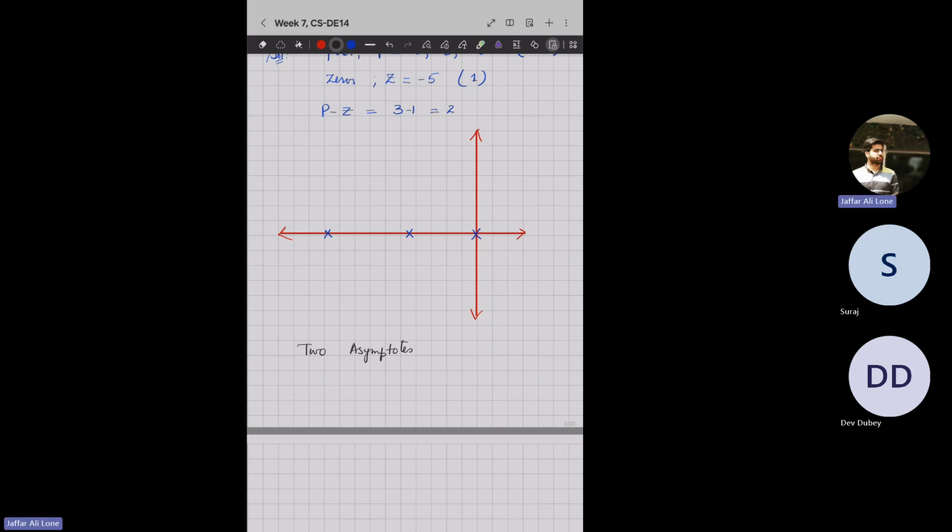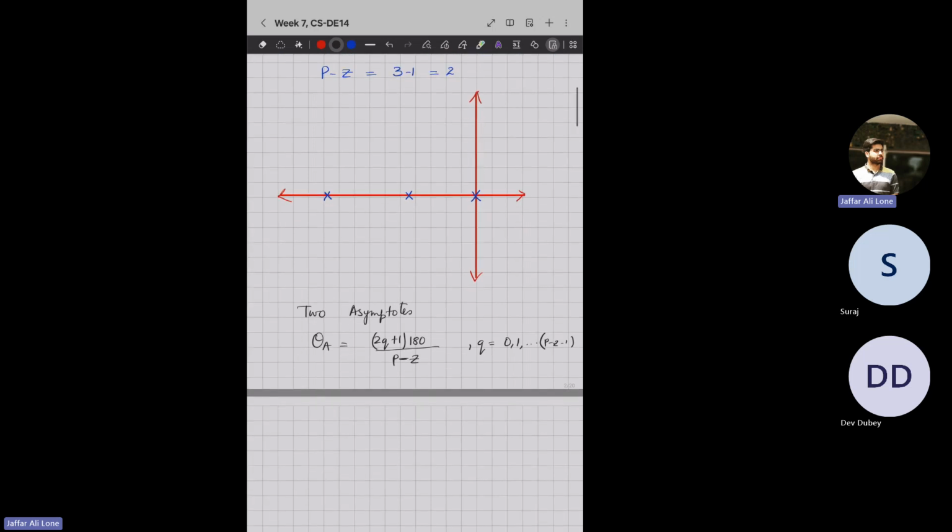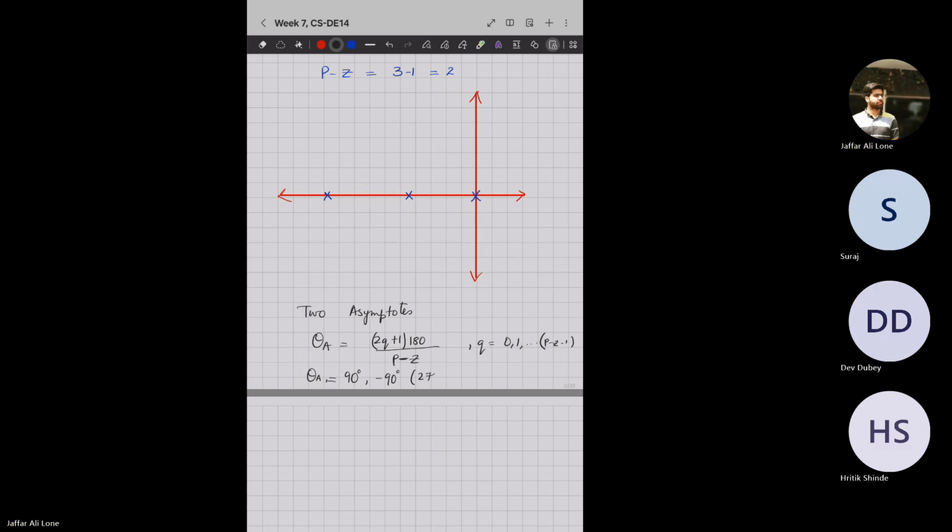The angle of these asymptotes is given by theta of asymptote equal to (2q plus 1) into 180 divided by P minus Z, where q is equal to 0, 1, and so on up to P minus Z minus 1. In this case, we have q equal to 0 and 1, and when we put q as 0 and 1, we get the angles of asymptotes 90 degrees and minus 90 degrees or 270 degrees.